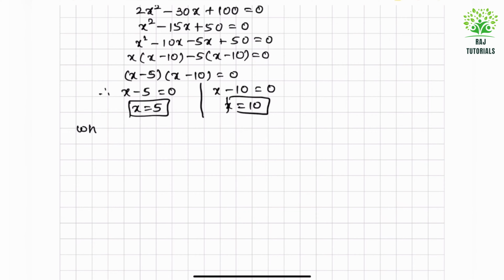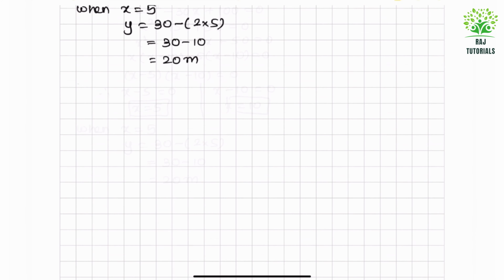So when x equal to 5, y will be 30 minus 2 into 5. So that will be 30 minus 10, so 20 meter. When x equal to 10, y will be 30 minus 2 into 10.